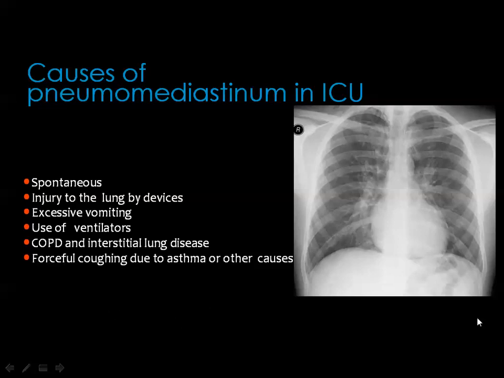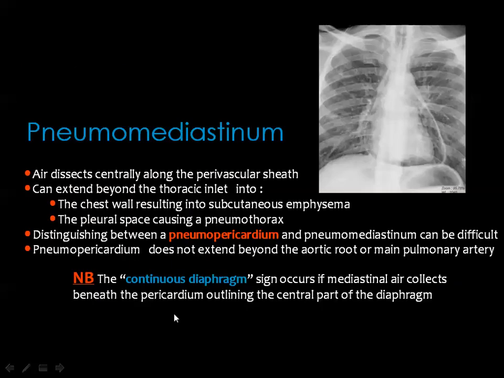The continuous diaphragm sign is one of the radiographic signs of pneumomediastinum. Also, the presence of air in the soft tissues of the neck as well as subcutaneous air will help in diagnosis.